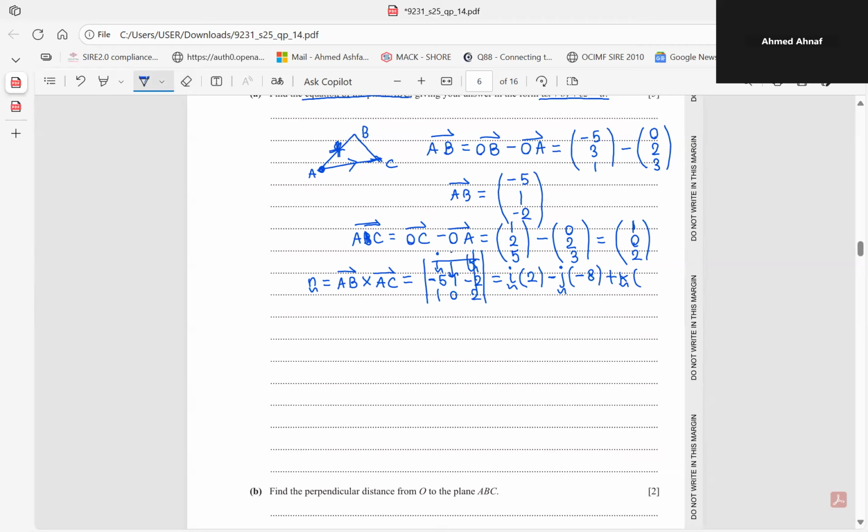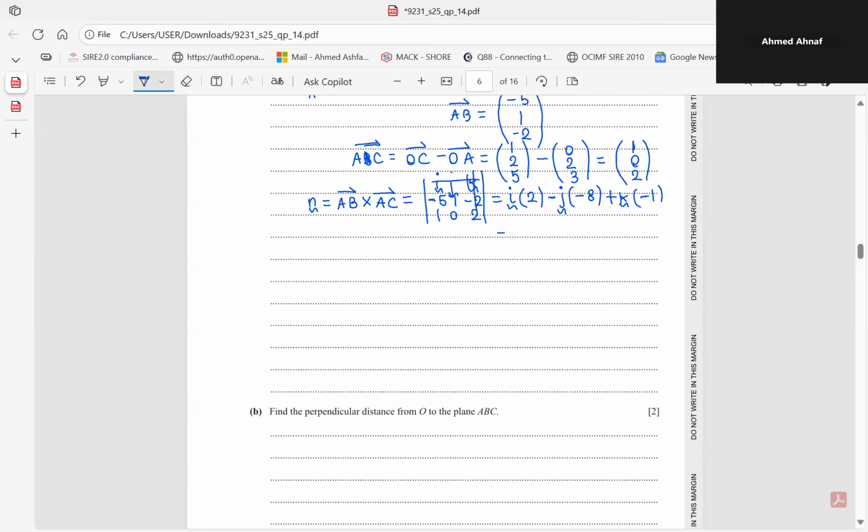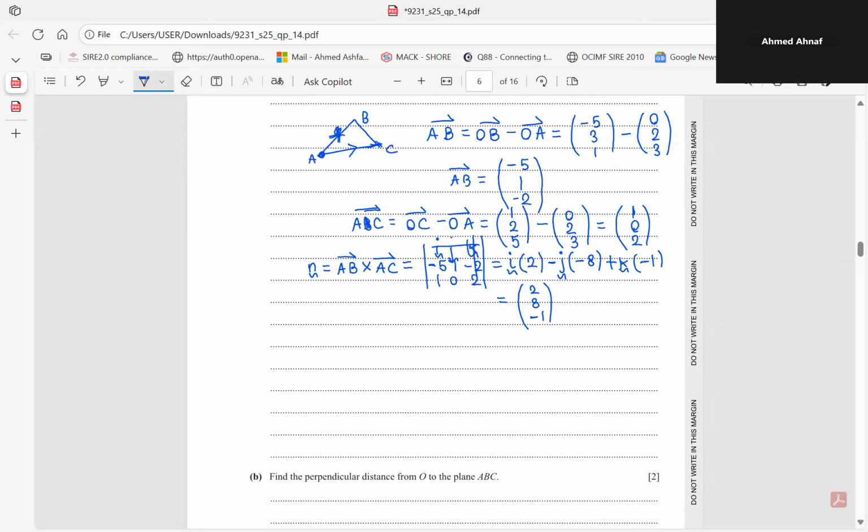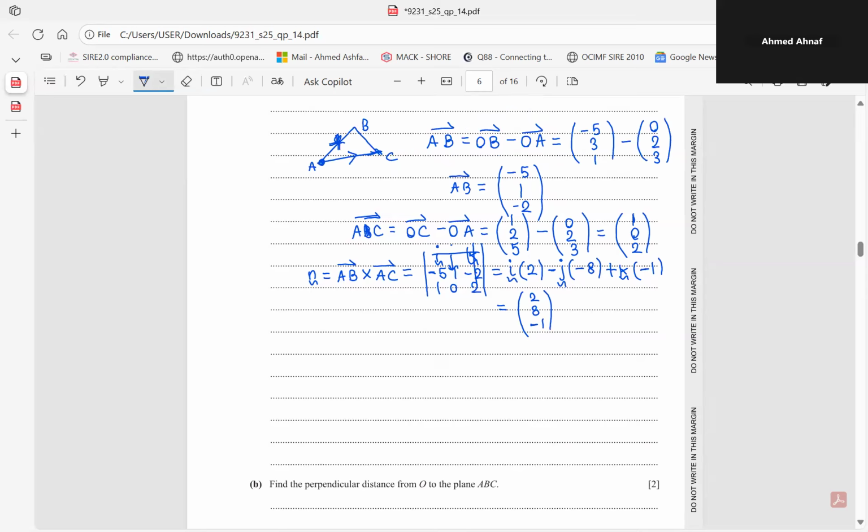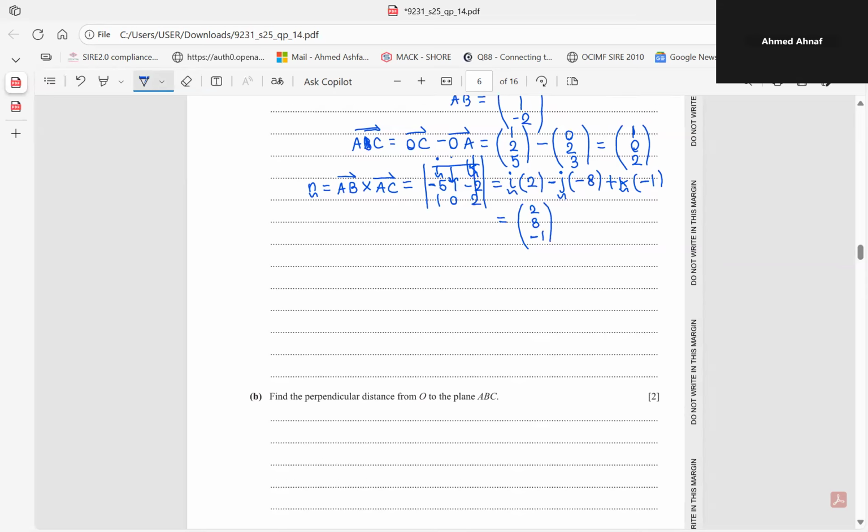So 0 minus 1, you would get -1. Okay, so final answer would be 2i, and then minus j times -8, that's just 8j, and then minus k, that's -1. So this is our normal vector to the plane.